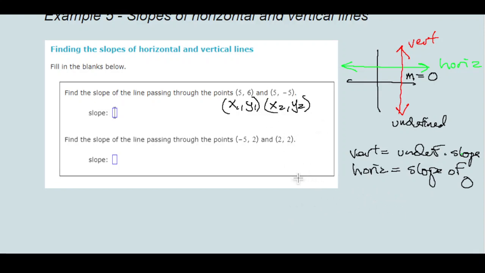So when we set up our equation, change in y over change in x, we go -5 minus 6 all over 5 minus 5.